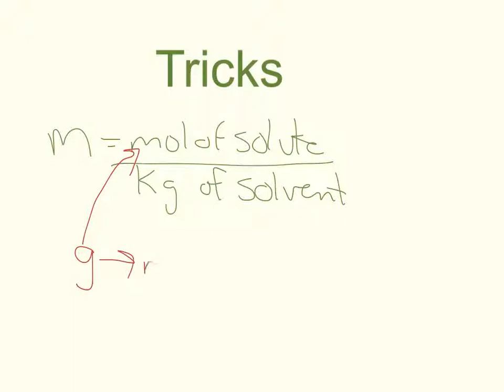Just go grams to moles. Use your stoichiometry, dimensional analysis. And then you have kilograms down here. Most likely they'll give you some other unit. Most of the time it's grams, and you're going to have to change that to kilograms. So those are the major tricks that you'll see in these types of problems.